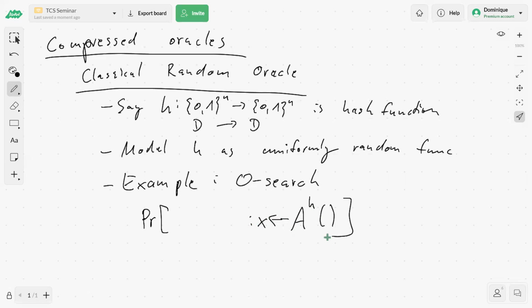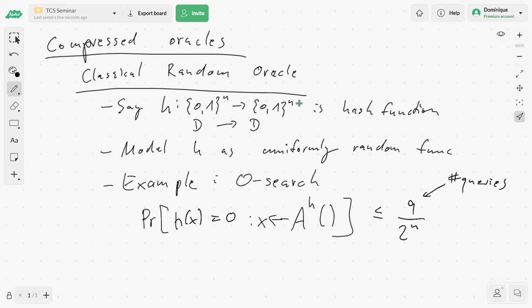Then the probability that the hash of this value X is zero, one can show, is smaller than Q divided by 2 to the n, where Q is the number of queries. Throughout this talk this will always be the case. And 2 to the n is the output size of the hash function.